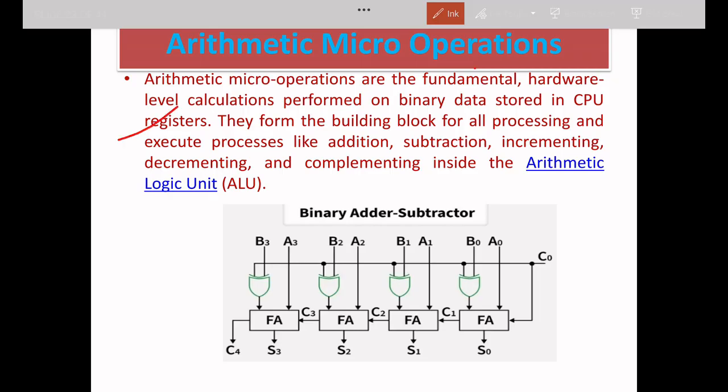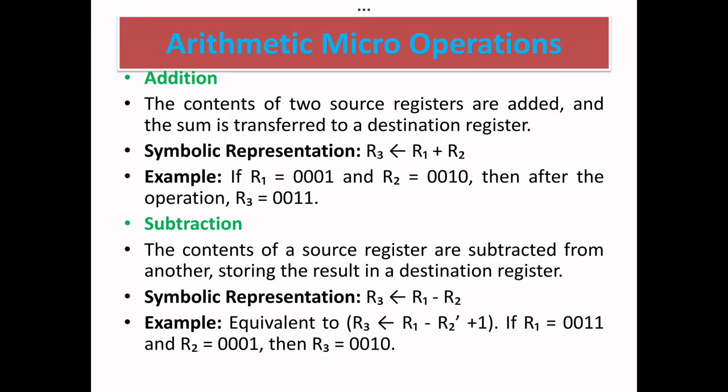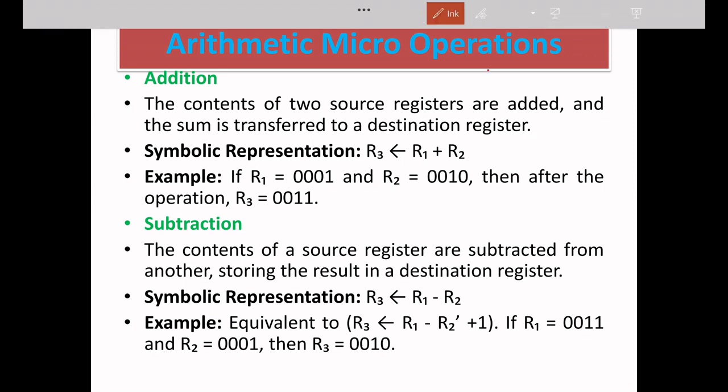They form the building blocks for all processing and execute operations like addition, subtraction, increment, decrement. Now we will discuss how the ALU performs these. I will show you some very important topics. First, we are talking about addition. So how does addition actually work?